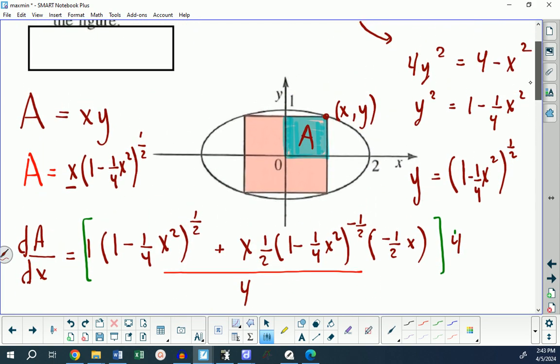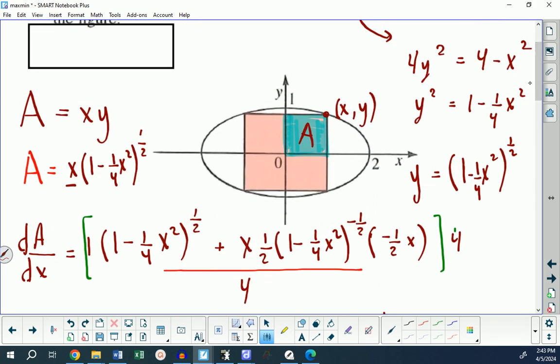But 2 is the x-intercept, so plus 2 will give you no rectangle. In other words, the domain here, for the way I've set this up, has to be greater than 0 to be in quadrant 1, and less than 2 to get a rectangle. So the only value that's critical for x that makes sense is root 2.